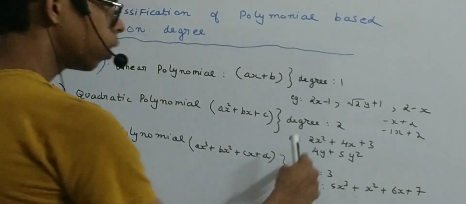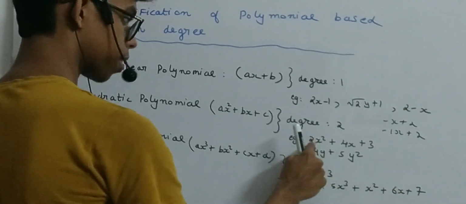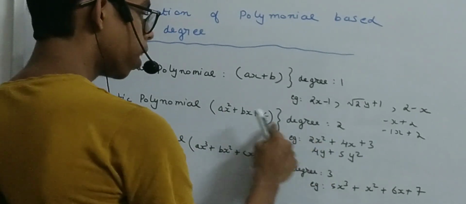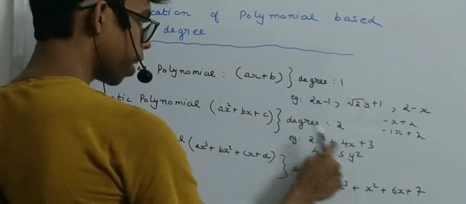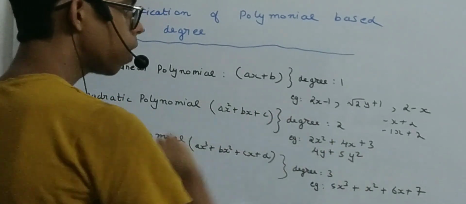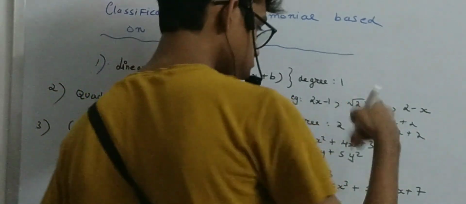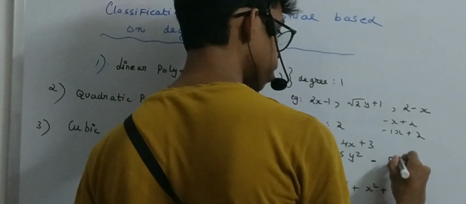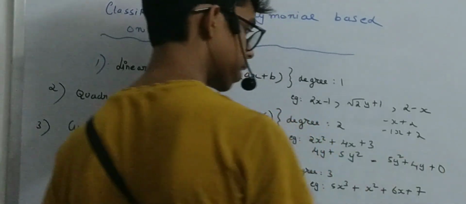Just see over here 2x square. Here this 2 is the coefficient of x square, which is our a. Now bx, this b is the coefficient of x, plus this c is a constant term. Now the next one. Here also 4y plus 5y square. I can rearrange it and write it as 5y square plus 4y plus 0.